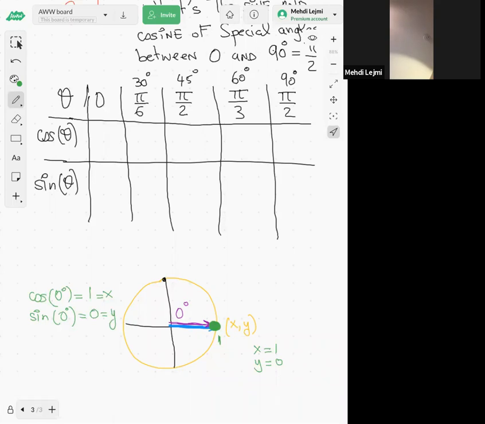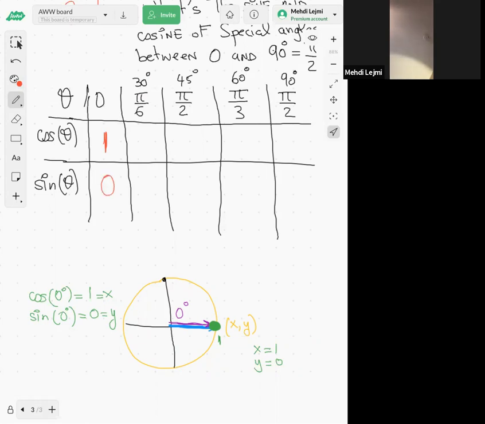That's why you have to think of cosine as the x coordinate and sine as the y coordinate. So in this table, cosine of 0 is 1, and sine of 0 is 0.